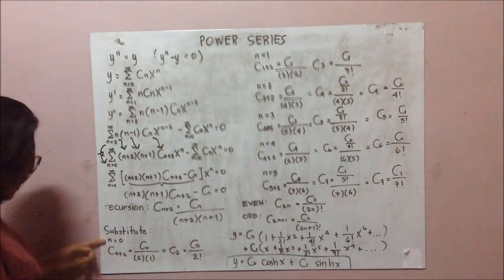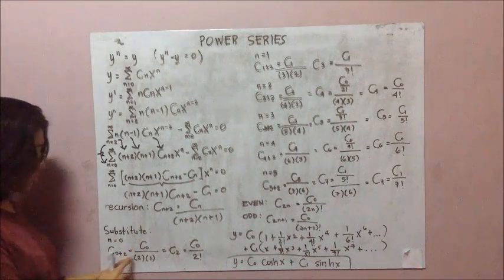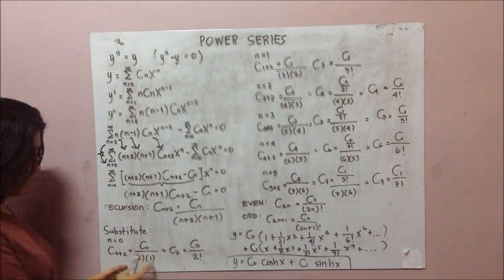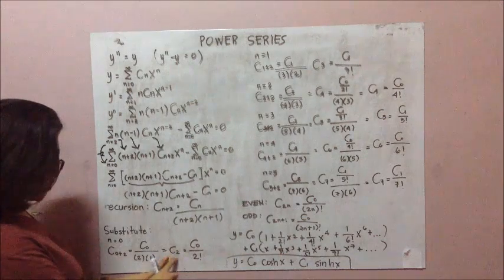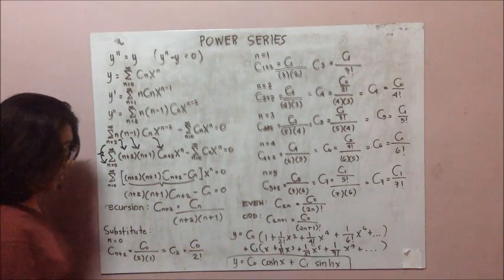So we have n equals 0, so c_(0+2) equals c_0 over 2 times 1, so c_2 equals c_0 over 2 factorial.